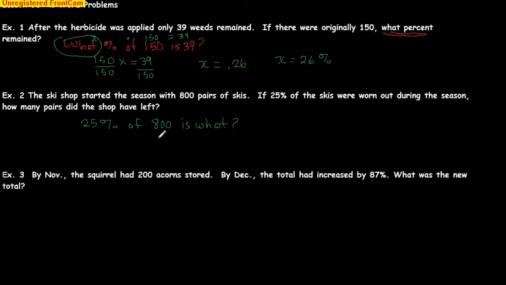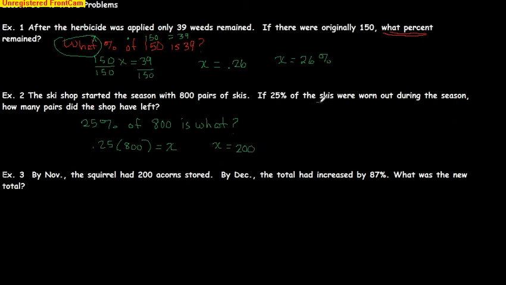So 25, we'd say 0.25, of means multiply, is what? And then all we do is multiply those two together, and we would get 200. So 25% is the number of skis that were worn out.